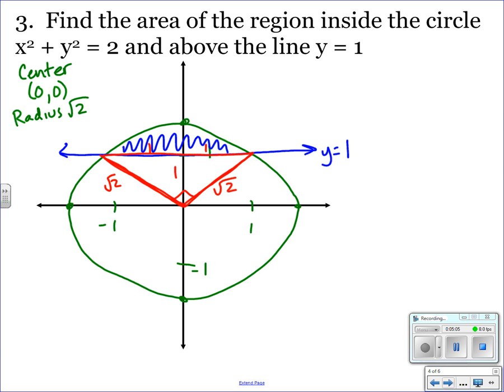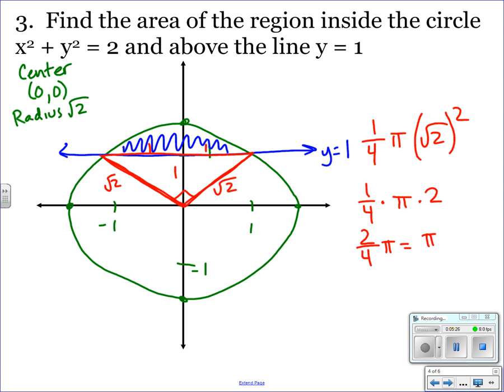So finding the area of the sector, that's 1/4 of a circle, pi, radius squared. So that's going to be 1/4 times pi times 2, or 2/4 pi, which is pi over 2. Now that's the area of the sector.